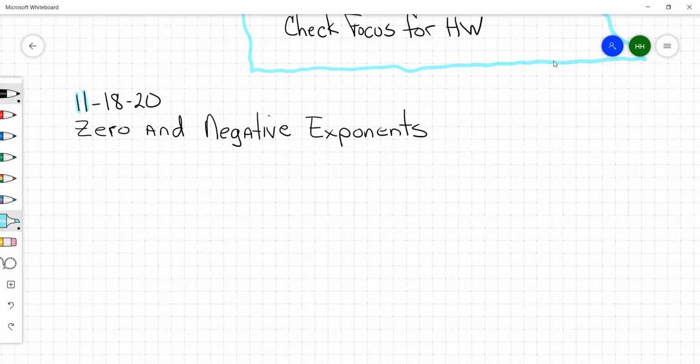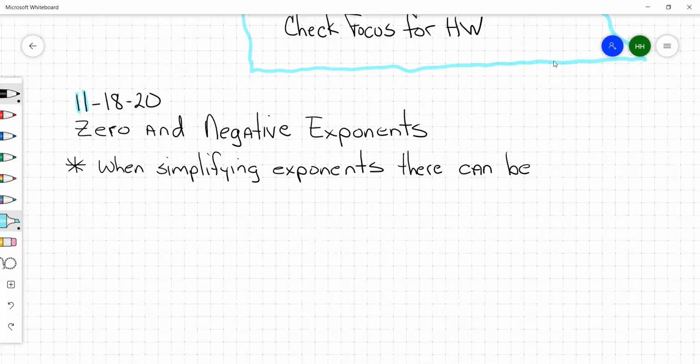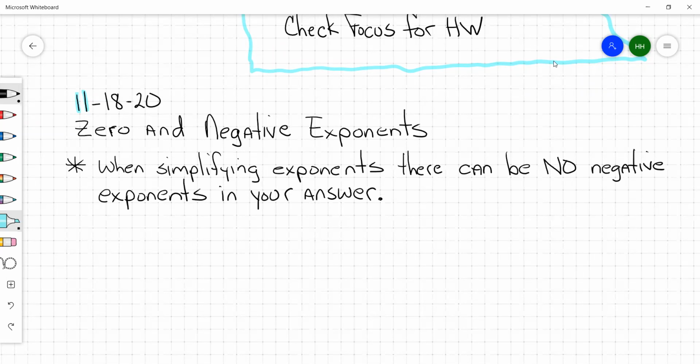Number one, important: when simplifying exponents, there can be no negative exponents in your answer. If you're asked to simplify an exponent, and there's a negative exponent, you haven't simplified it yet. Okay? No negative exponents in your answer.